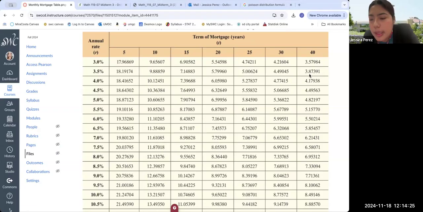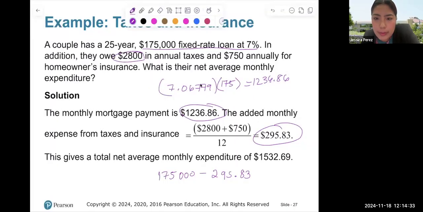So again, we're grabbing this from the table. This value of your monthly mortgage payment of 1,236 comes from the table. We know this was 7% and 25 years, and the value here, 175, is 175,000 over 1,000, which is 175.